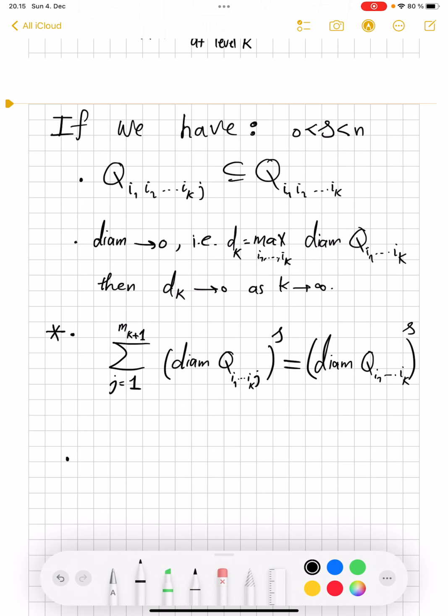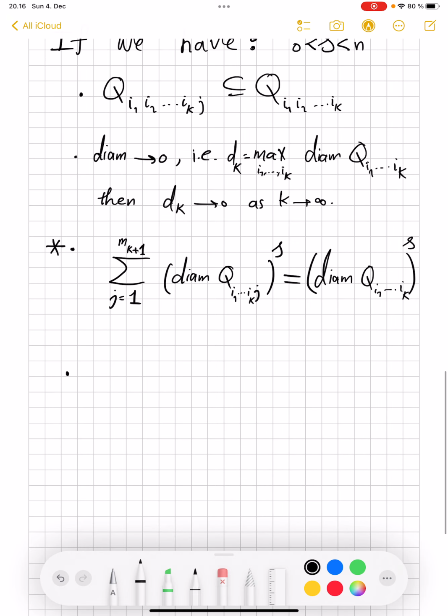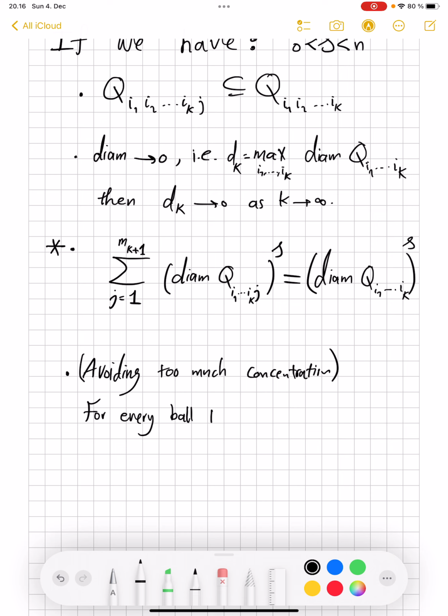And then the last condition, which is kind of forcing things not to concentrate, avoiding too much concentration, is that for every ball B with diameter at least d_k, which is the quantity from here, the representative diameter for level k.